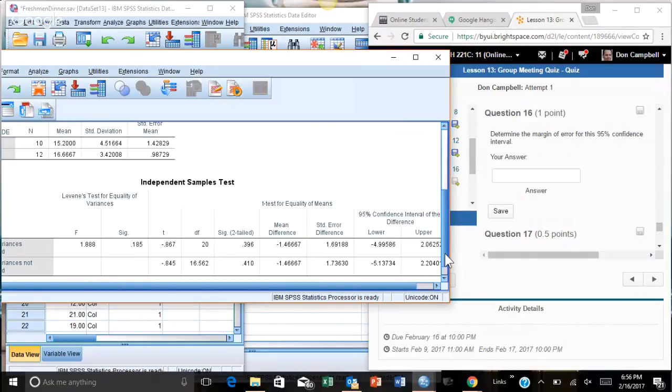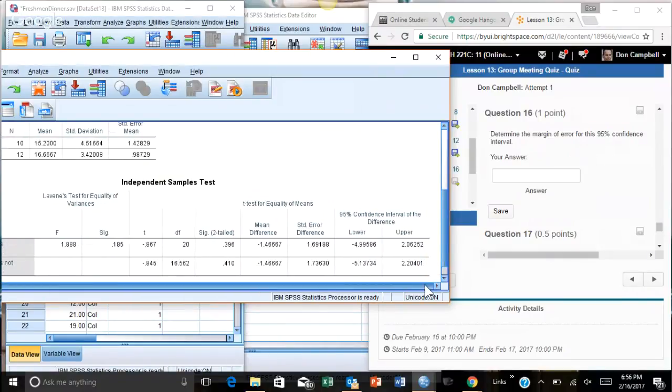No, that's the p value. It must be the standard error difference. Okay, yeah, that makes sense. So that would be 1.73630. Cool.